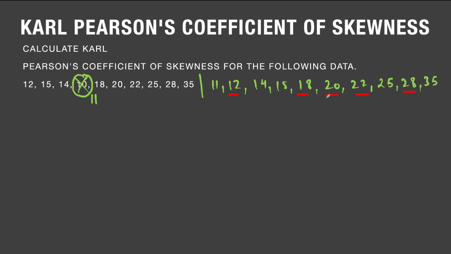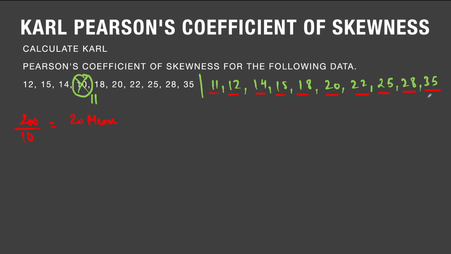This is 100, and this is 140. 140 plus 25 plus 35 is 60, so this all becomes 200. So 200 upon 10 data points would give me a mean of 20. So my mean is equal to 20. Now talking about the median.